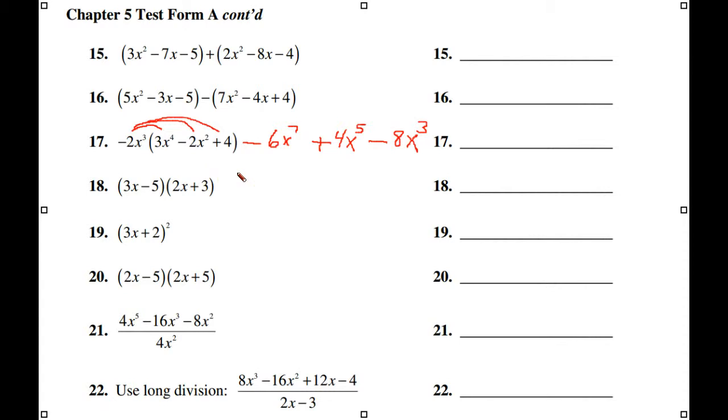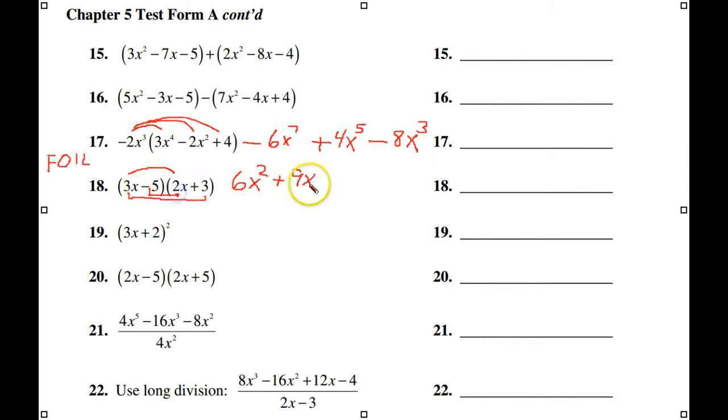Now, here there's the traditional way of doing it, or the FOIL. And what we'll do is we'll do the FOIL. You'll be using the FOIL a lot in Chapter 6 in your next course. So this is going to be 6x squared. Now my outers will be a positive 9x.